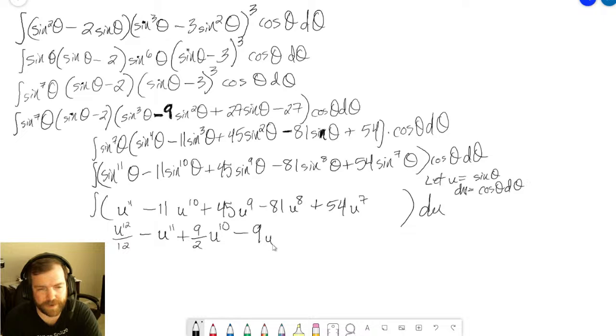We're left with 9. Negative 9 u to the 9th plus, we need to take an 8 out of 54. Well, we can take a 2 out anyway. So 27 fourths u to the 8th plus c.